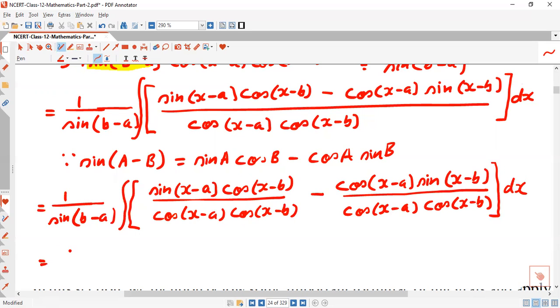Now, these constant terms are there; we have 1 upon sin(b minus a), a constant, taken outside.